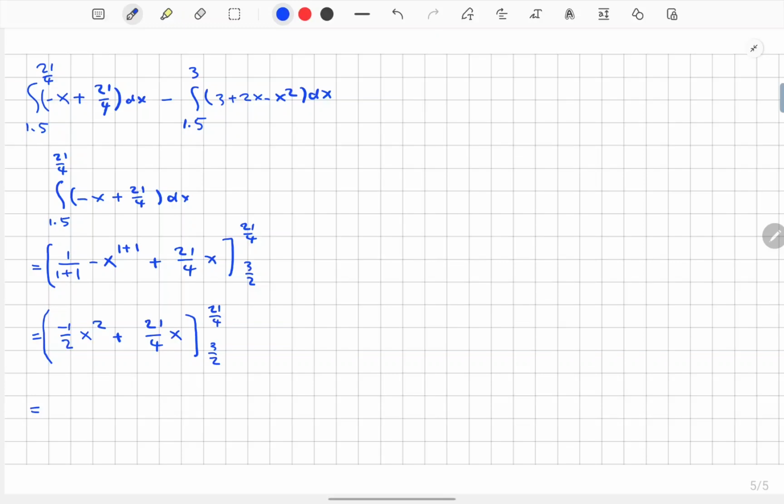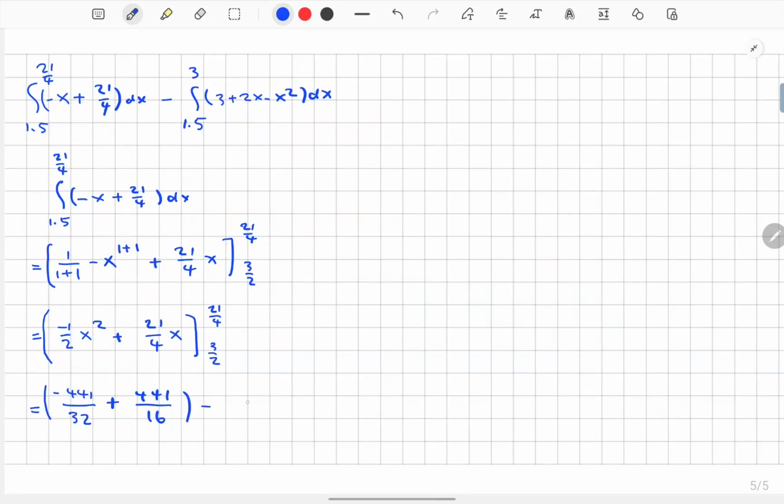So right now we'll evaluate it. 21/4 into our first x, square it, then multiply with negative 1/2, it is minus 441/32. Then plus 21/4 into our second x, 21/4 times 21/4, it is 441/16.